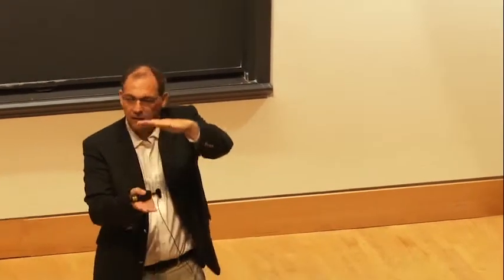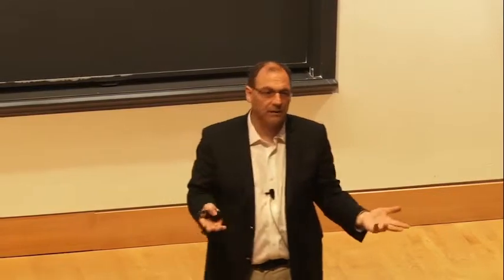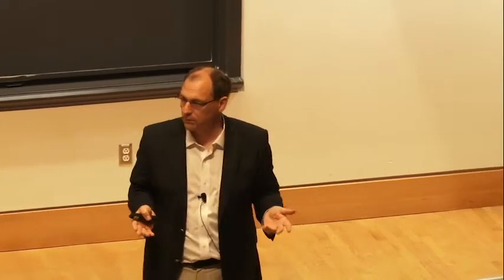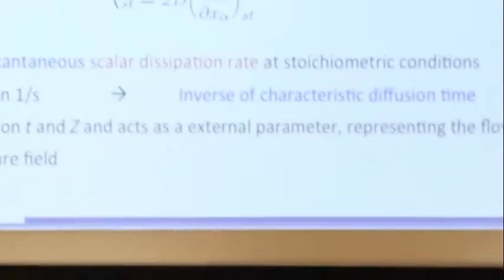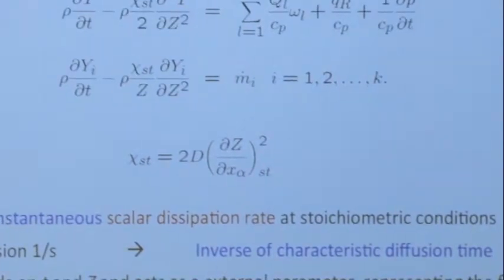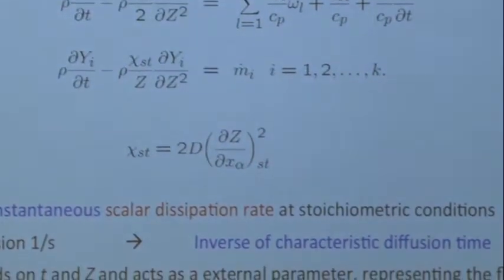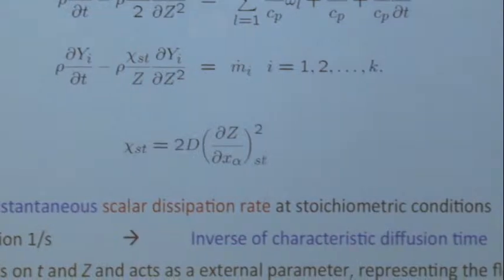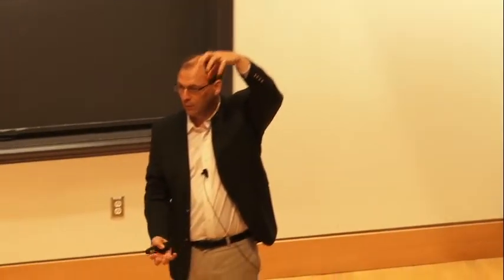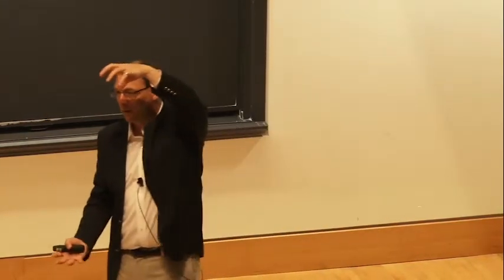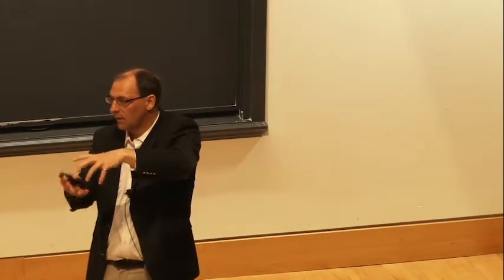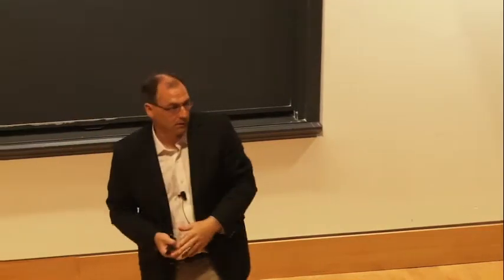The velocity field changes the scalar field, and you get more or less diffusion in the scalar field. The dissipation rate is already a characteristic quantity for the scalar field. So if you increase the nozzle velocity, you increase the strain. Then the strain increases the scalar dissipation rate, and the dissipation rate then has an effect on the chemistry.